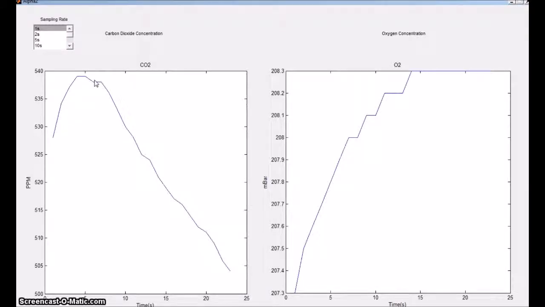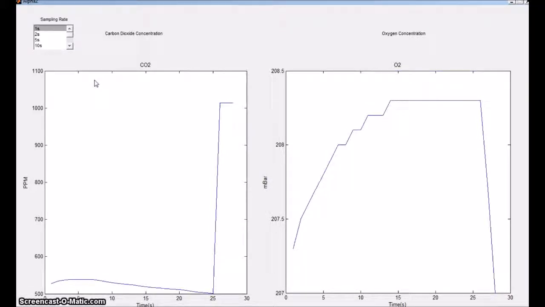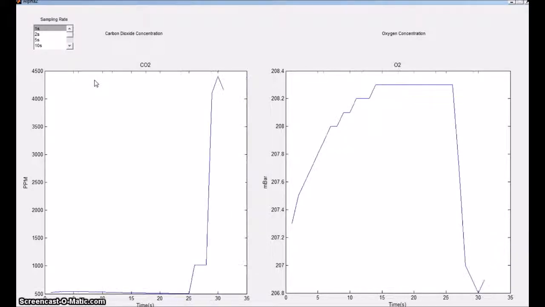And now we will blow on the sensors to show that they're working correctly. And as you can see, the carbon dioxide level rises drastically as the oxygen concentration decreases drastically. And after a few seconds, they should level out eventually.